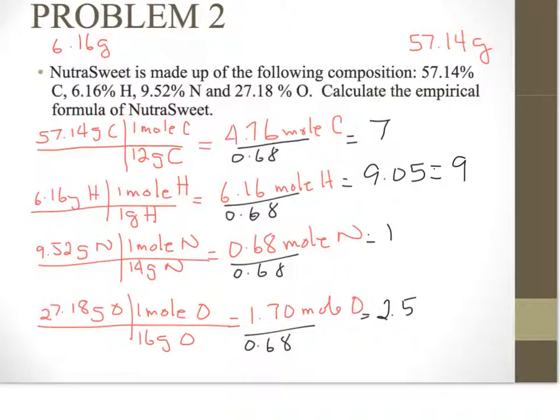However, in 2.5, the 10th decimal place is not 0.1 or less, and it's not 0.9 or higher. So in order to solve this, we will need to multiply it by a multiplier that will bring this 2.5 to a whole number. So we're going to multiply everything by 2.